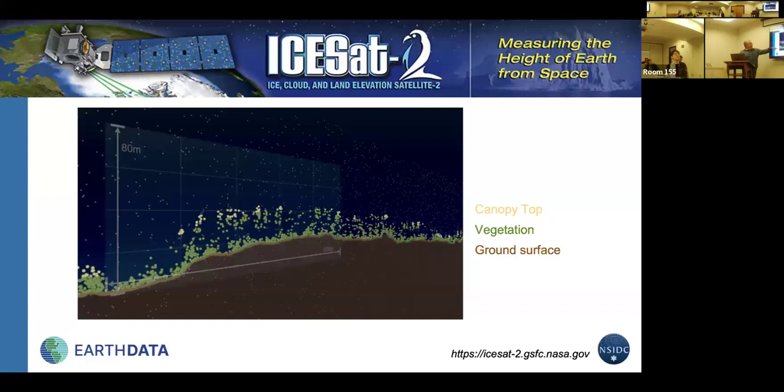Basically the darkish tan line is the surface; those are what's defined as the surface returns. The green is vegetation, so it's bouncing back somewhere within the vegetation, and the light tan is the canopy top. And then there are all these other ones, which are atmospheric ones that are filtered out, at least for this product.